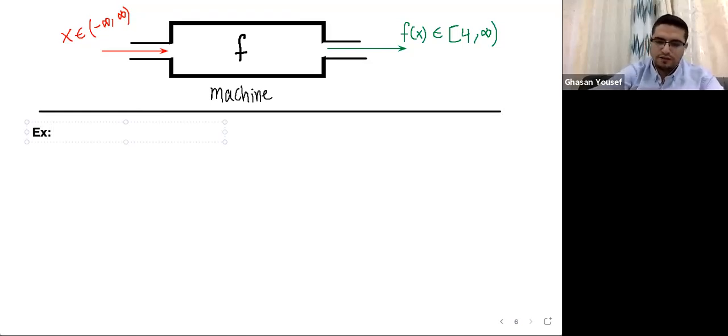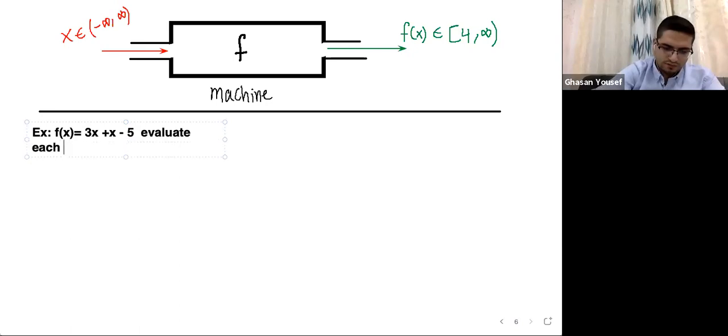The question is, if my function f of x equals 3x squared plus x minus 5, evaluate each: number 1, f of minus 2, number 2, f of 0, and number 3, f of 4.